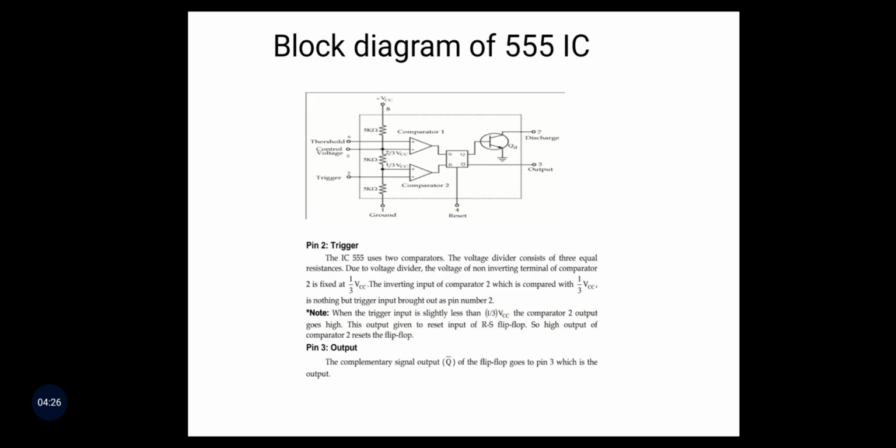Due to the voltage divider, the voltage at the non-inverting terminal of comparator 2 is fixed at 1/3 VCC. Comparator 1 inverting terminal, that is the minus terminal, is fixed at 2/3 VCC, and comparator 2 non-inverting terminal is fixed at 1/3 VCC.